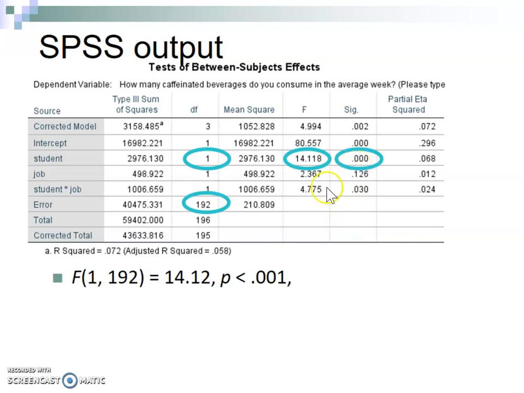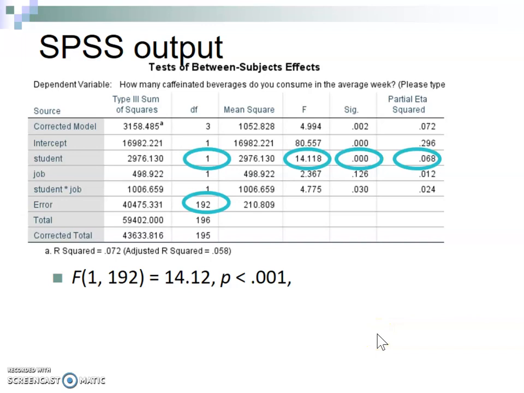So the way that we would represent that is we would say p is less than 0.001. So again, since we don't have a number that we can actually report here, it's going to be smaller than the smallest possible p or alpha level that we could ever take. So we'll write p is less than 0.001 for that p-value.